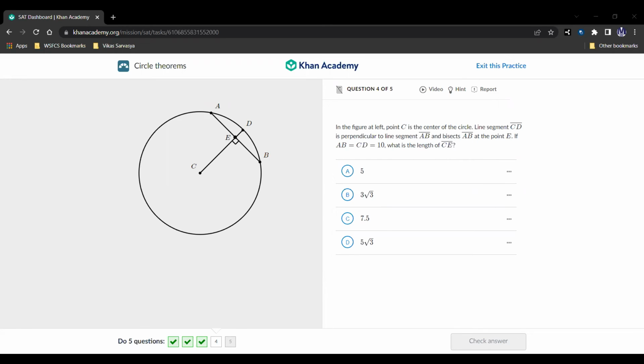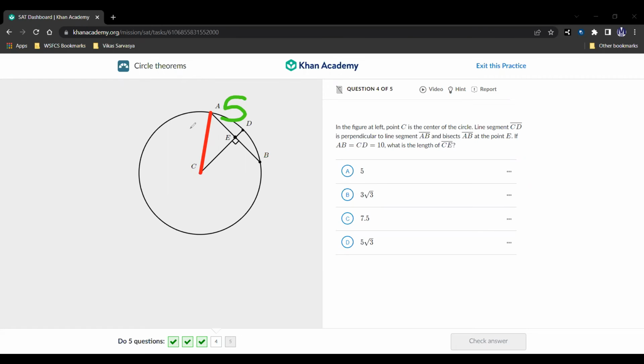Well, let's note a couple things, right? We can draw some lines here. Now we know that CD is 10 and AB is 10. And since E bisects AB, then we know that AE is 5.